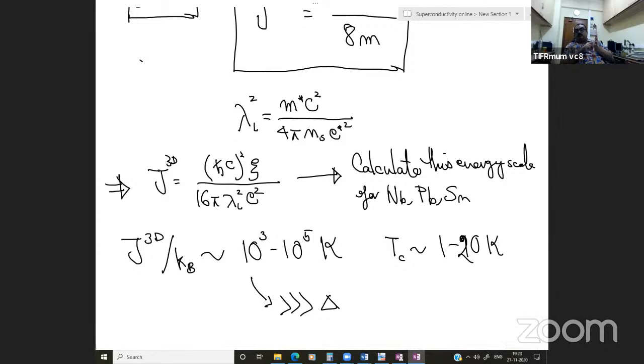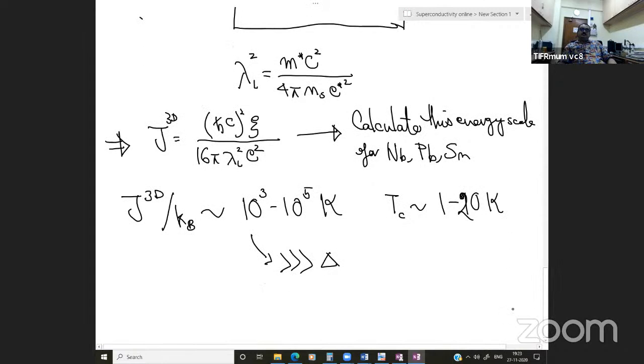Now from whatever you have learned, how can coherence length become small and penetration depth become large? Any idea? Penetration depth depends on what?